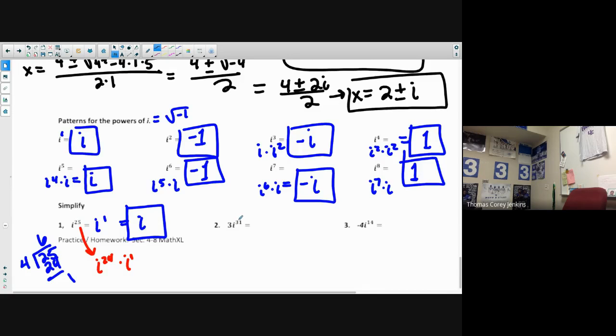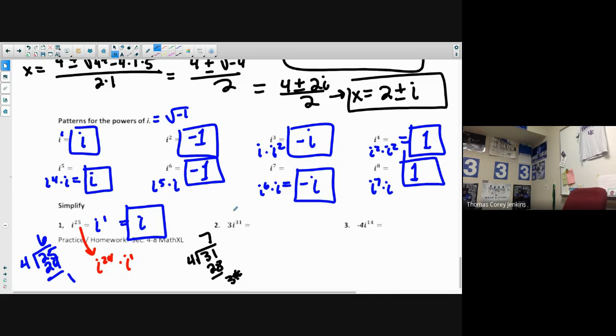Number 2. So I am concerned with this 31 first and foremost, right? So how many 4s? Let's do 4 into 31. So 4 goes into 31, it doesn't really matter, 7 times. What matters is that you have 3 left over, right? So this is the important thing.